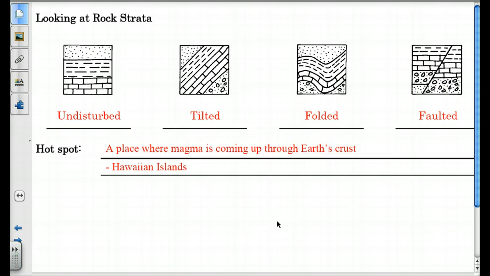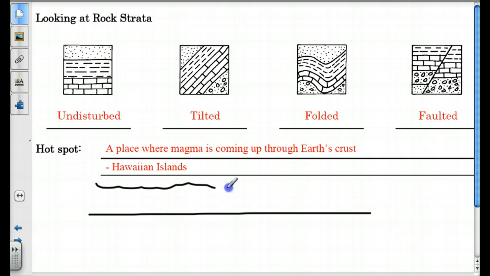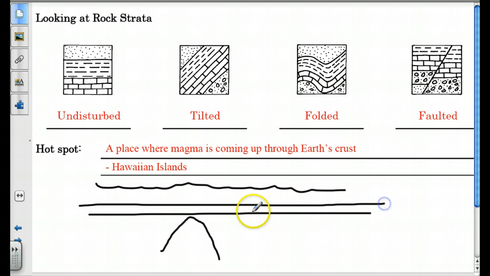The last piece of evidence, which we'll talk more about in class and do a lab on, is something called a hot spot. This is a place where molten rock is breaking up through the crust in the middle of a plate. If this is the ocean crust and here's the surface of the water, there's what's called a magma plume underneath the lithosphere, the crust and the upper part of the mantle, that tectonic plate.